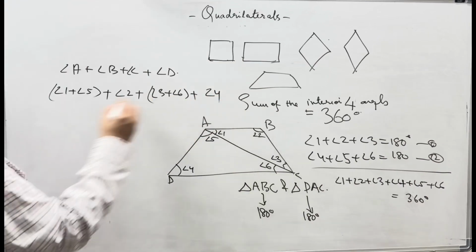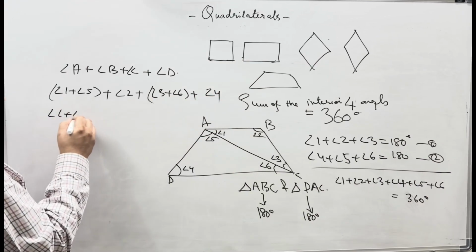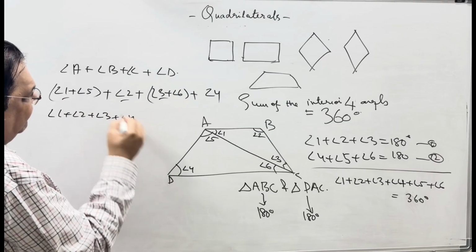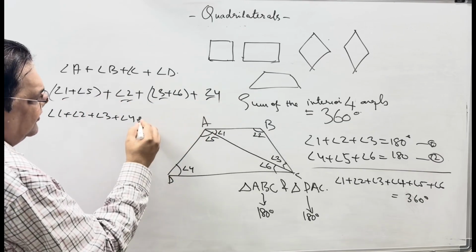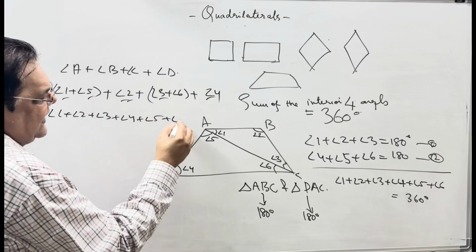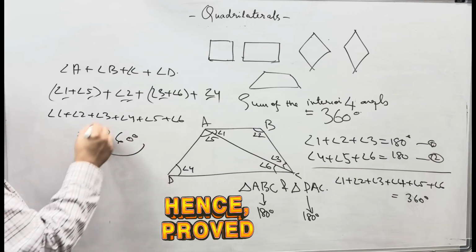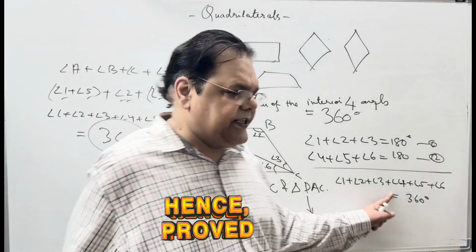So when you write in a sequence, angle 1 plus angle 2 plus angle 3 plus angle 4 plus angle 5 plus angle 6, which is equal to 360 degrees.